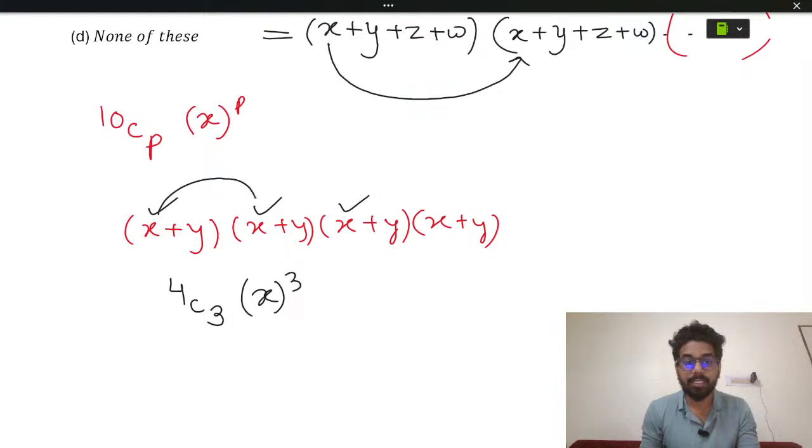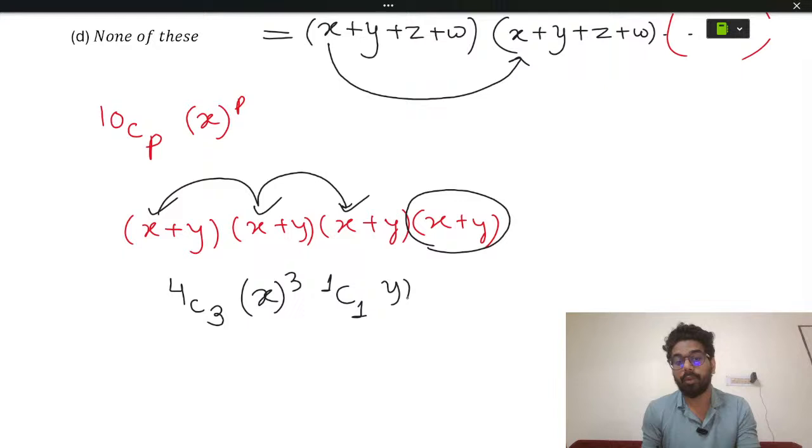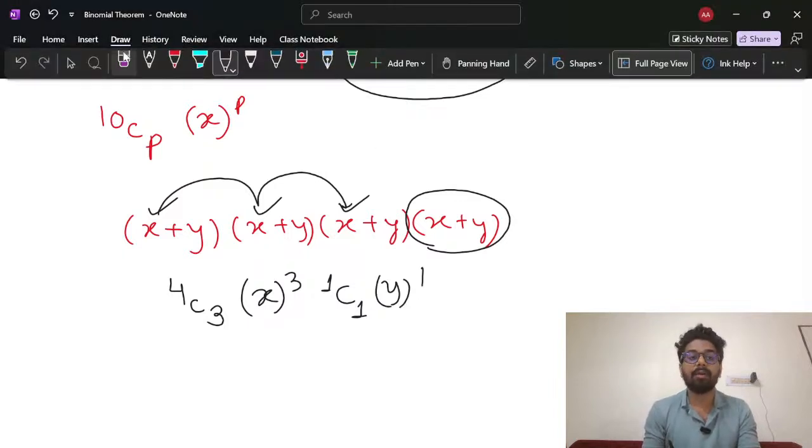How? x into x into x. But obviously, out of 4 I have selected 3, the remaining is 1. So from that 1 I will select y, only one factor for y. Okay, so the same thing is happening over here.